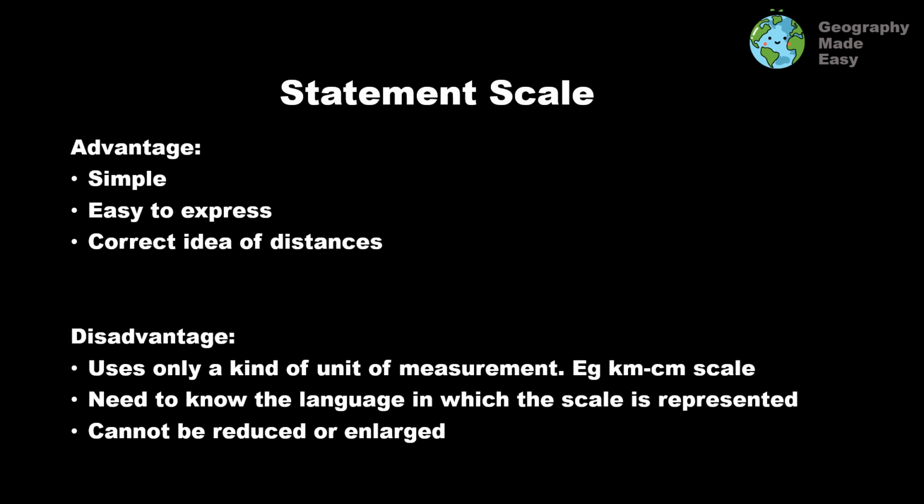Now let us look at the first type of scale, which is the statement scale. Now what is a statement scale? A statement scale is when we are writing the entire scale in the form of a statement, or in the form of a line, or in words.